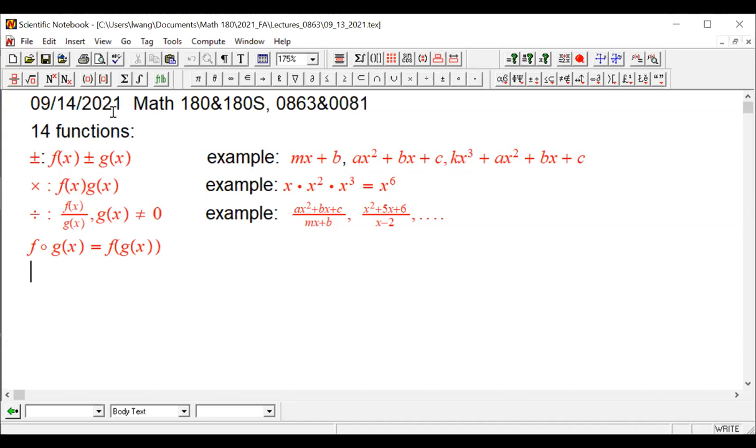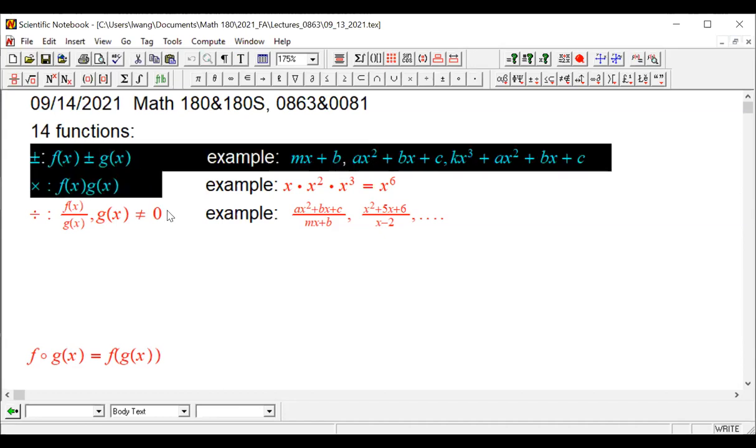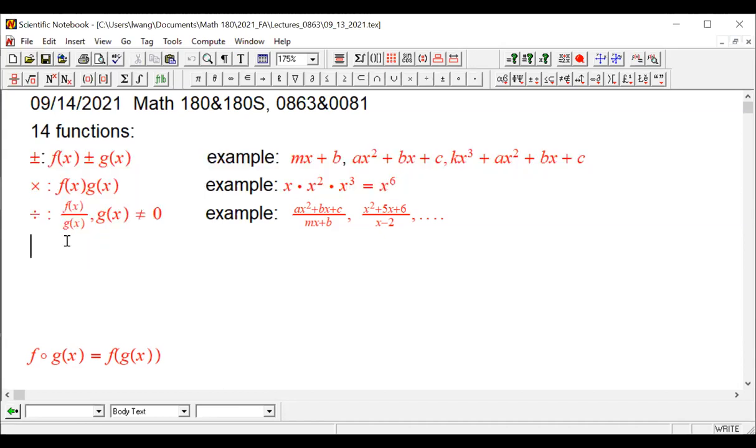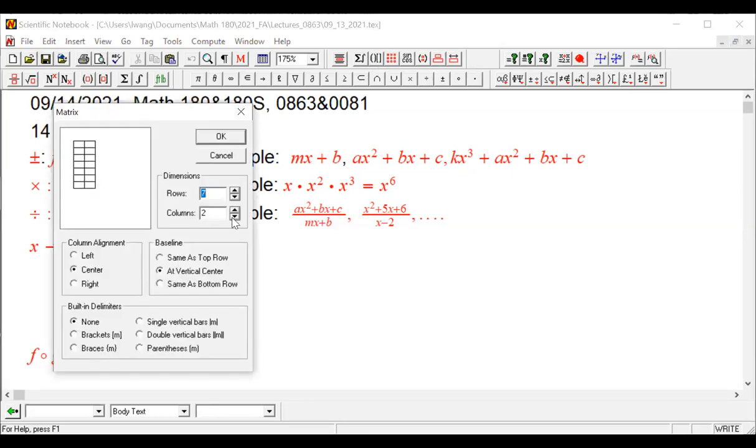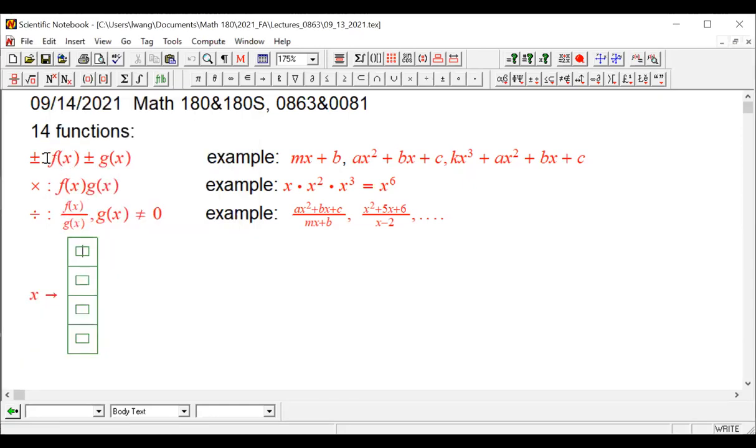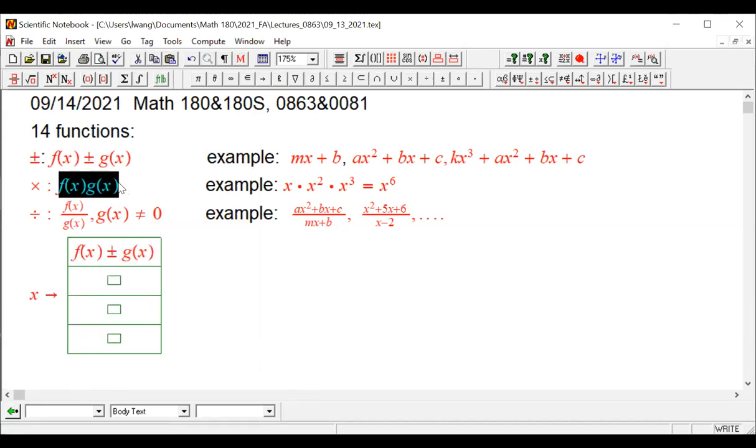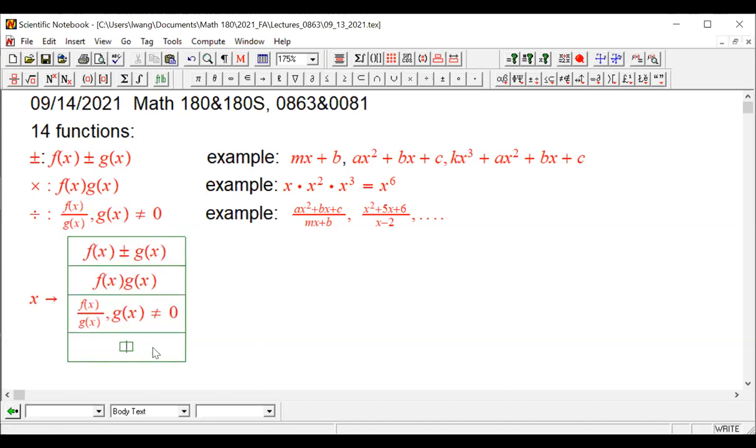In all of the above examples, I'm not going to spend too much time there, because the essential idea is just that x is the input, and the input goes through any way you created the function. You may have f plus g, and this is going to be a new rule, and this is going to be a new rule. These are the new rules.